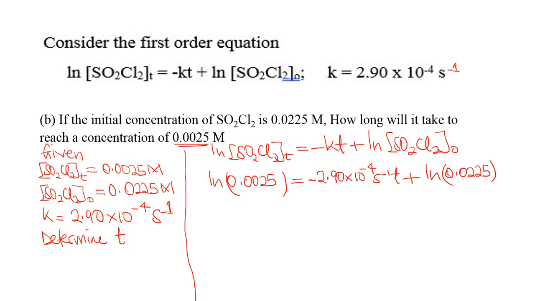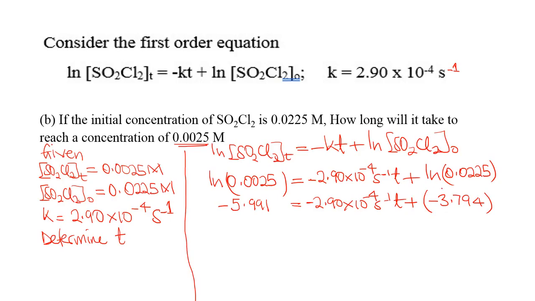The natural log of 0.0025 is minus 5.991, which is equal to minus 2.90 times 10 to the power negative 4 s minus 1 times t plus natural log of 0.0225, which is minus 3.794.